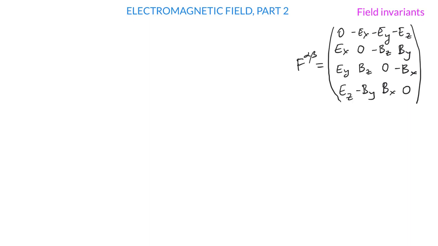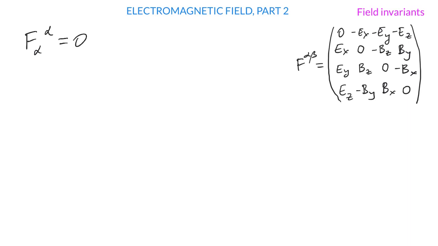So for example, given that we have a tensor F alpha beta, we could, in principle, consider a combination F alpha alpha, a contraction of the tensor by both indices. But F alpha alpha is just 0 because the tensor is antisymmetric, so this doesn't give us anything interesting. So we can't form anything that's linear in electric or magnetic fields.